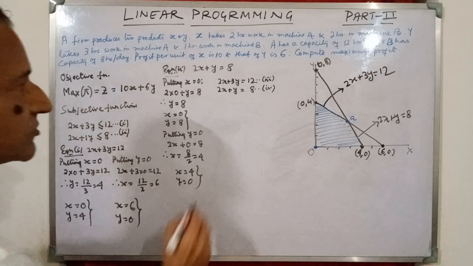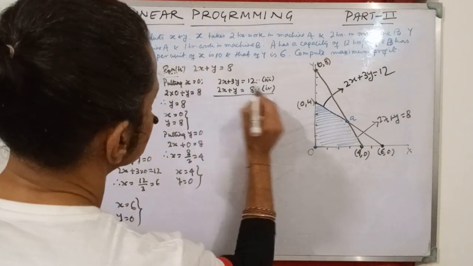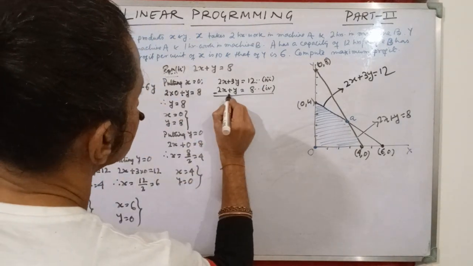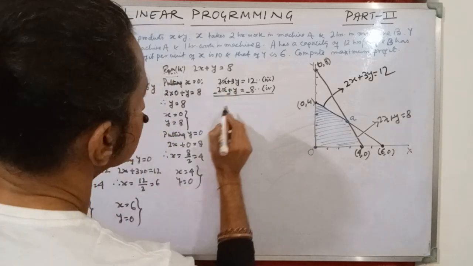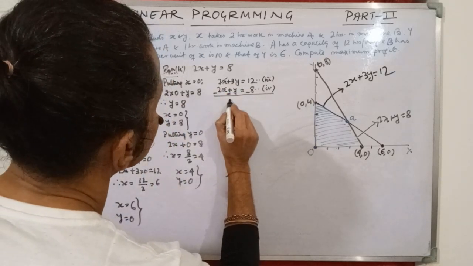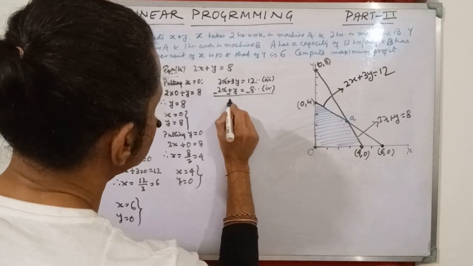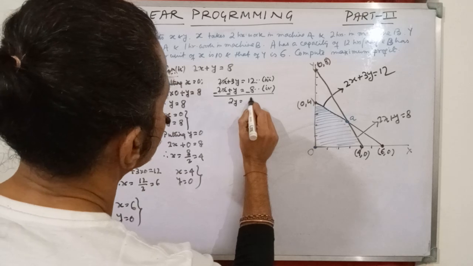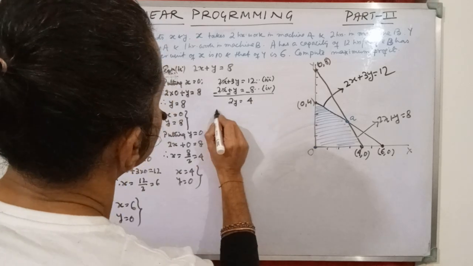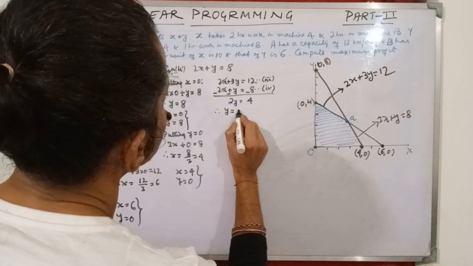We subtract equation 4 from 3. Plus 2x minus 2x go away. So remains plus 3y minus y, that is 2y, is equal to plus 12 minus 8, that is 4. Therefore, y equals to 2.